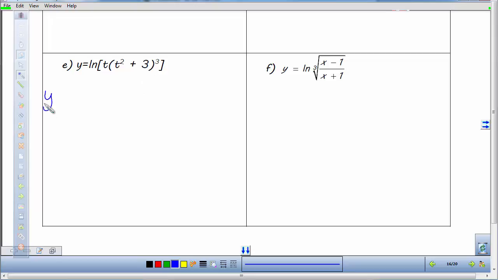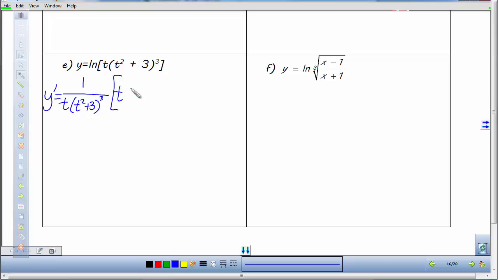So we got y prime equals, natural log is on the outside, so I'll start with 1 over t times t squared plus 3 cubed. Now I come inside to where I have a product. So I'm going to apply the product rule. That's first times the derivative of the second.